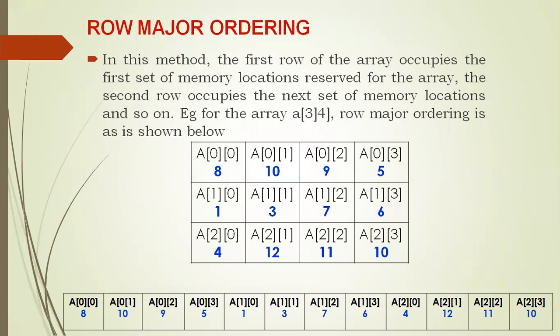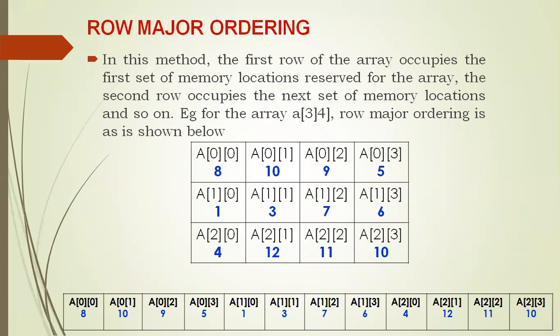In the row major ordering, the elements are stored row by row. Suppose your matrix size is of order 5 cross 4. How many rows are there? 5 rows. And how many columns? 4 columns. So each row has how many elements? 4 elements. So how is it stored here?